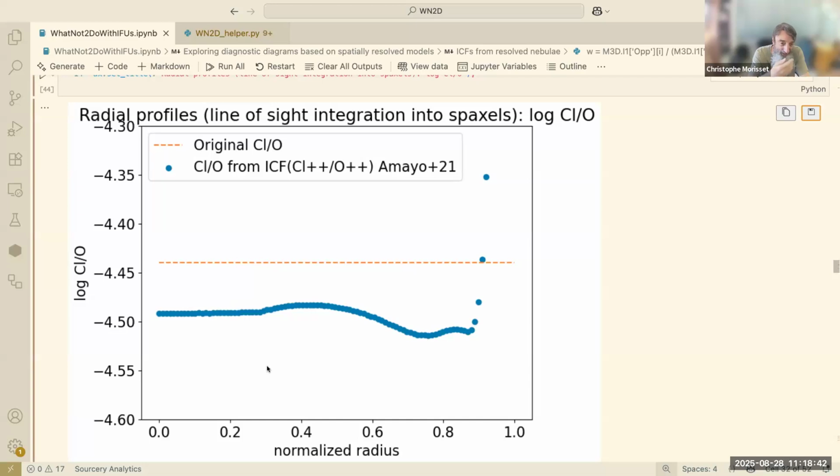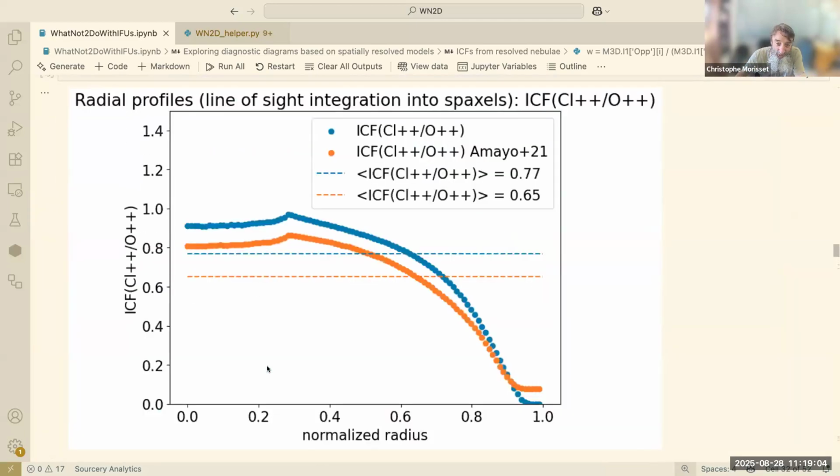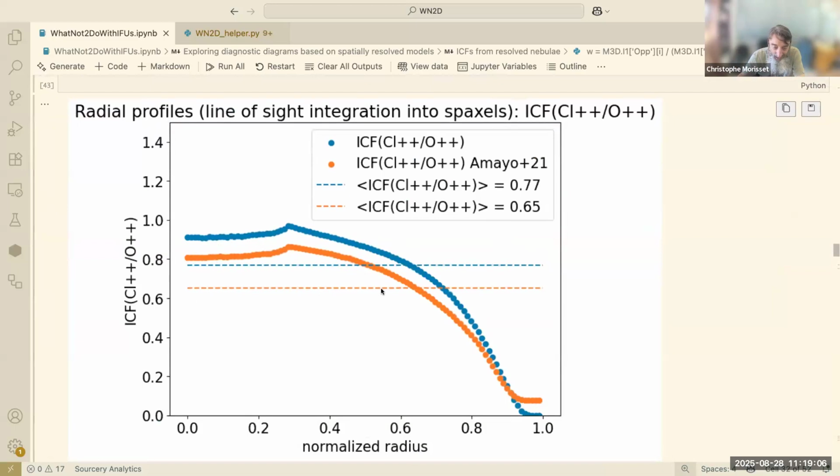So the ICF in first order is not that bad an idea to try to apply ICFs computed for integrated models to resolved regions, to spaxels, because the idea is looking for similarities in ionization. The ionization is decreasing outward in my model, but the ICF is taking this into account because it's based on the ionization.